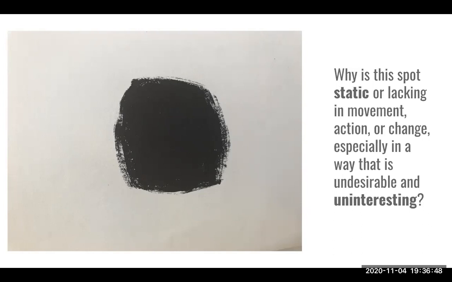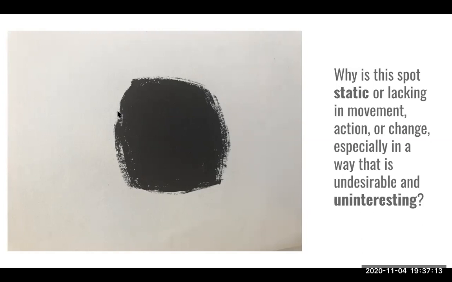Why is this spot or dot static, or lacking in movement, action, or change, especially in a way that is undesirable and uninteresting? I know that I don't have a classroom sitting in front of me, but I'll answer for you. The reason that this is so static is because it is placed right in the middle. There's no action happening.